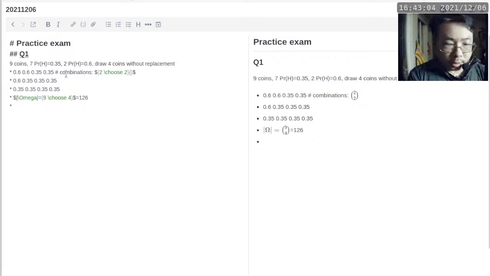So now we have 7 choose 2, and backslash for the choose. There we go. And then for this kind we have 2 choose 1 and then 7 choose 3. Oops. Not pound, we need dollar. There we go.